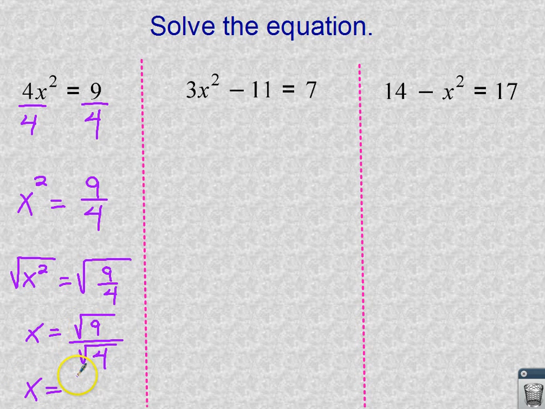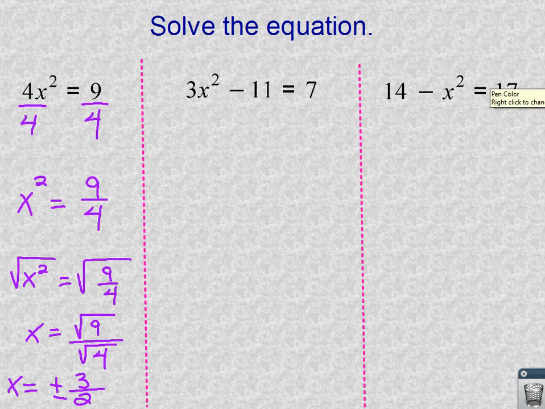The square root of 9 is 3, and the square root of 4 is 2. And don't forget, we have the positive and negative roots of that. So x is going to be equal to the positive and negative root of 3/2, or 3 over 2.